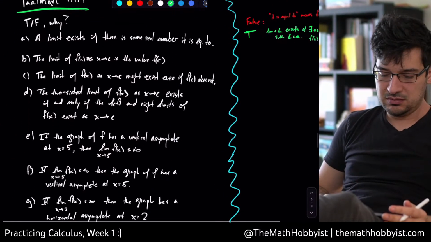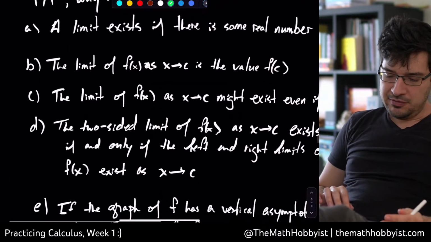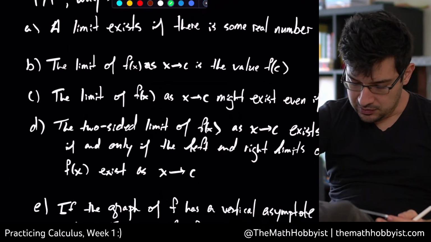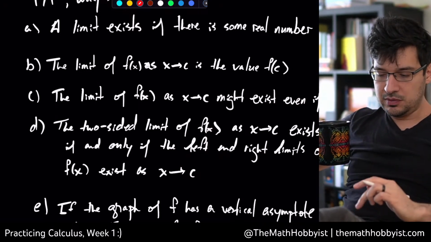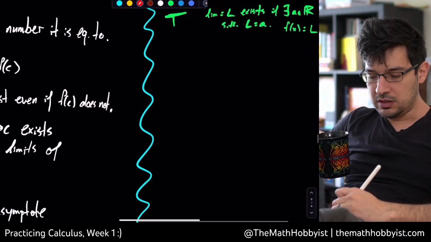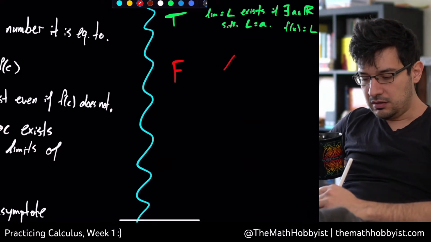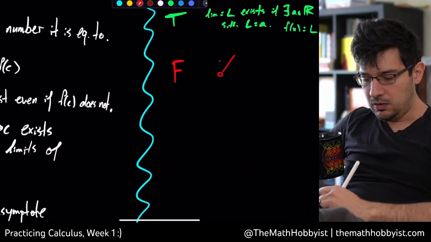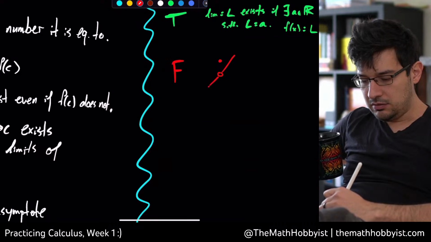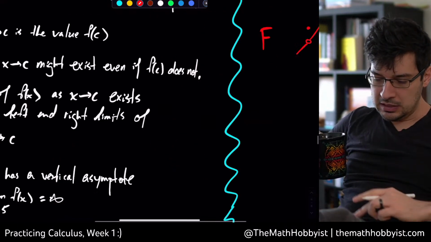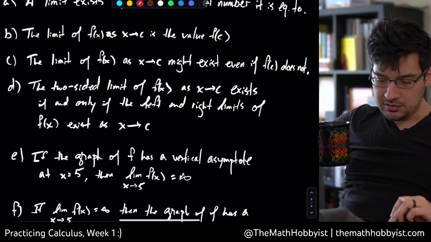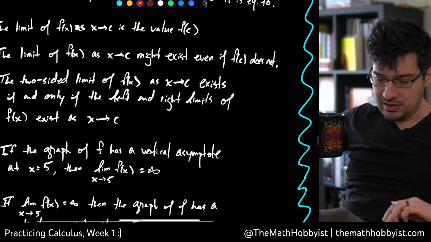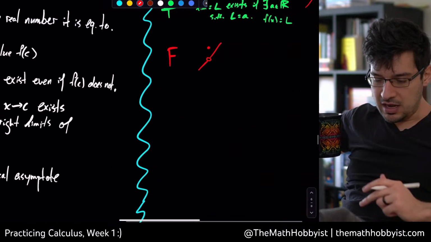It's a weird statement. The limit of f of x as x tends to c is the value f of c. That one is false. We've already given a good example of that: the line with the hole and a special snowflake value. The limit of f of x as x tends to c might exist even if f of c does not.